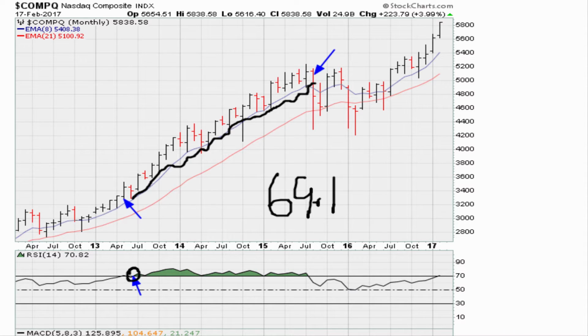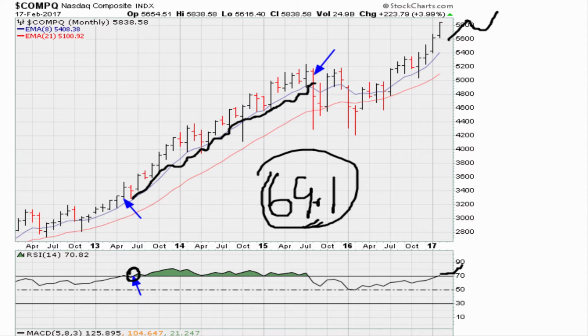So if the Nasdaq stays above 69.1, chances are this market is going to continue improving and seeing record highs as we go into the next couple of months. This is a big deal. Above 69.1, and this market remains on fire.